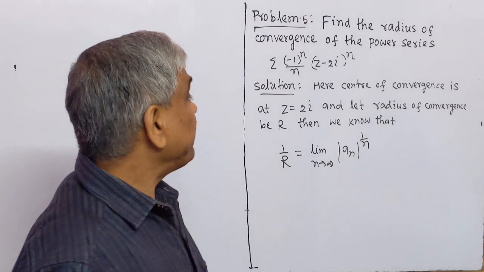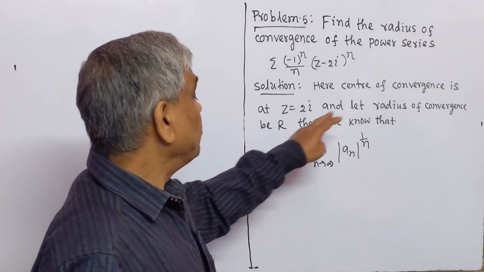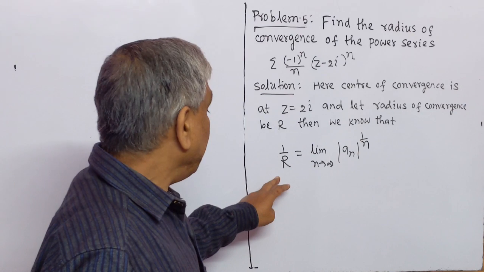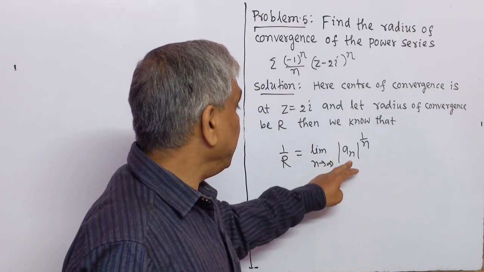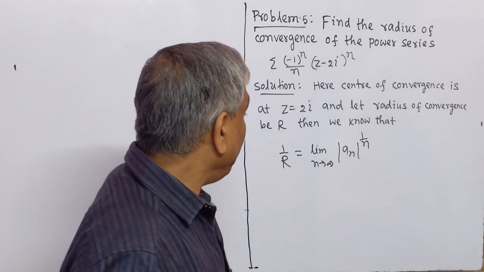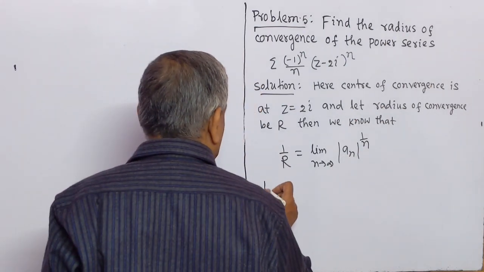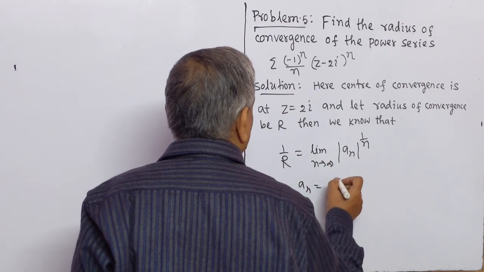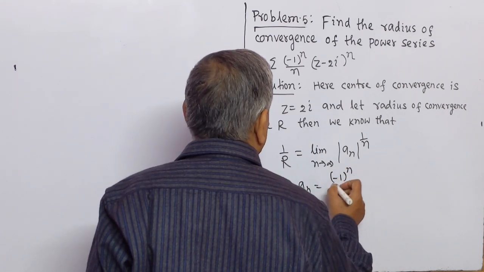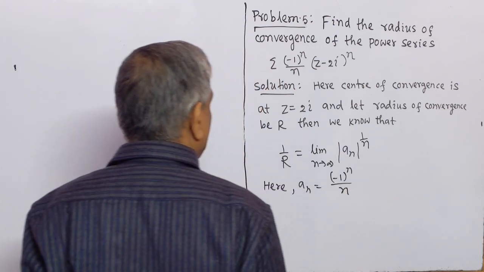Let the radius of convergence be r. Then we know that 1 by r equal to limit n tends to infinity modulus of a n to the power 1 by n. Here a n equal to minus 1 to the power n by n.